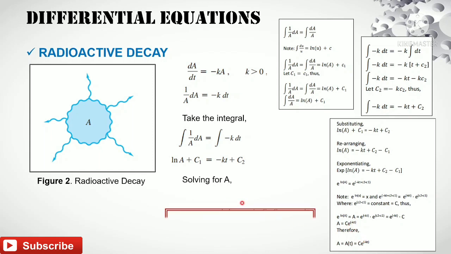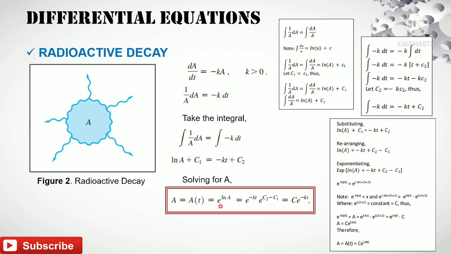So that's why we have this answer for this radioactive decay: a as a function of time is equal to c times e raised to the power of negative kt.